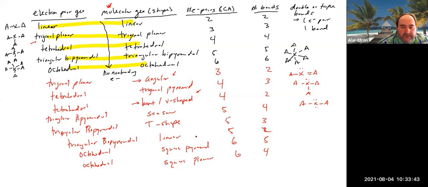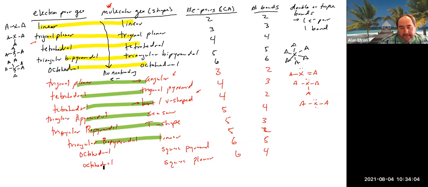So these were really the geometries. And again, on the bottom end of our list, these are the ones that do have non-bonding electrons. All of these, we see different names, because they do have non-bonding electrons.